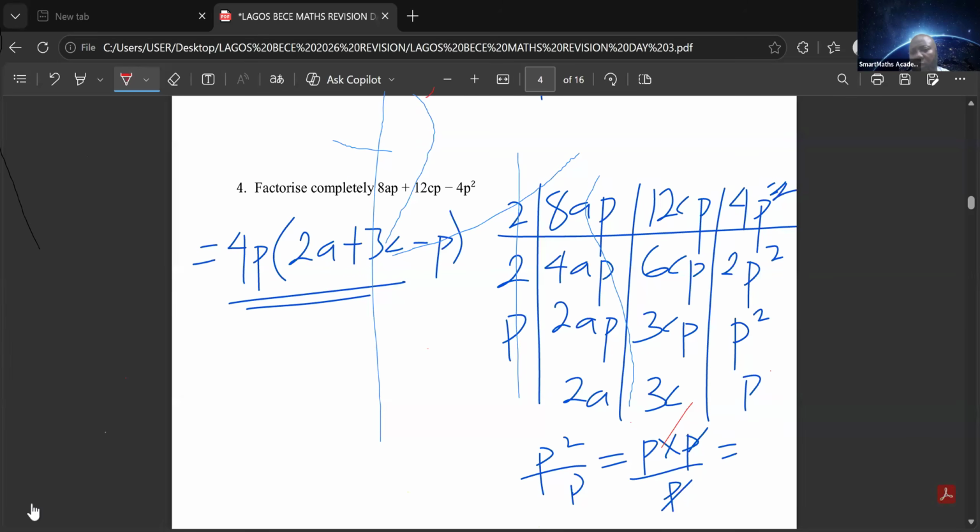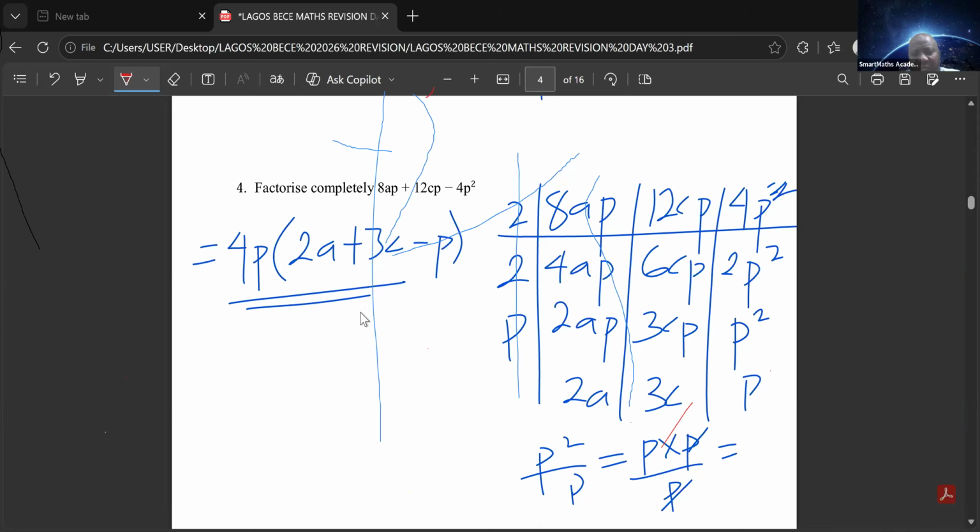Abdurrahman, is that what you are talking about? So the question is how did I get the HCF of 8AP and 12CP. You know, there are 3 terms there. So you check it one by one.